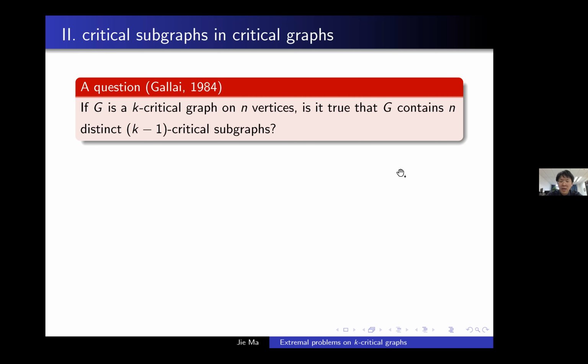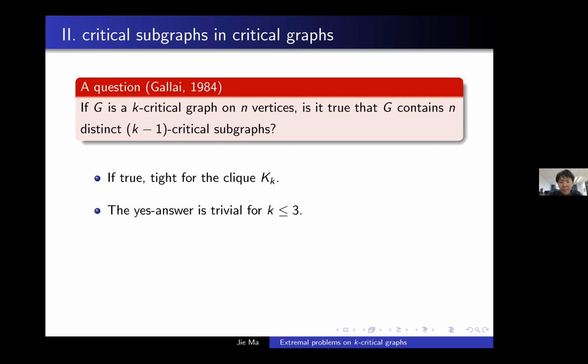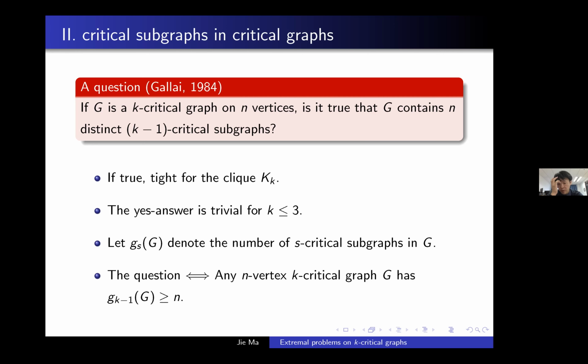Gallai asked if there are at least n distinct K-1 critical subgraphs. If this is true, then it's tight because of K_k. And when K is at least 3, it's trivial, so we concentrate on K at least 4.